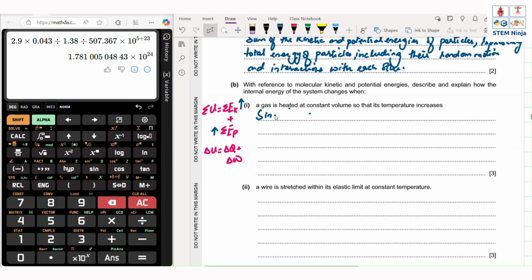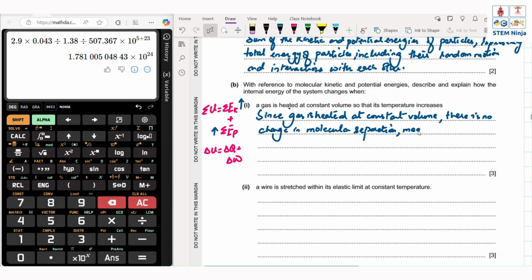So since the gas is heated at constant volume, there is no change in molecular separation, meaning no change in the potential energy of particles or molecules.